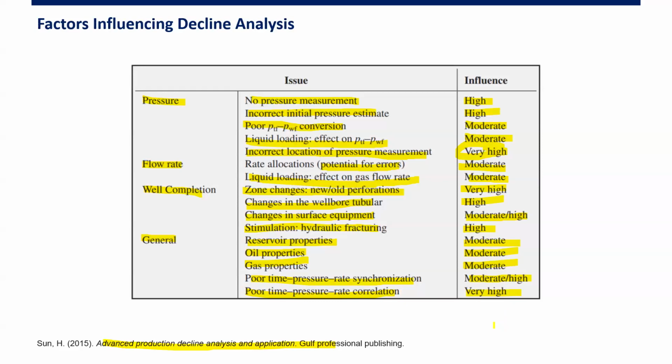All right. The operation will change your pressure, but you do not record this. You don't know the time and you don't know the influence on your pressure. Basically, you put everything in the wrong place. That's why it will very highly influence your decline analysis.